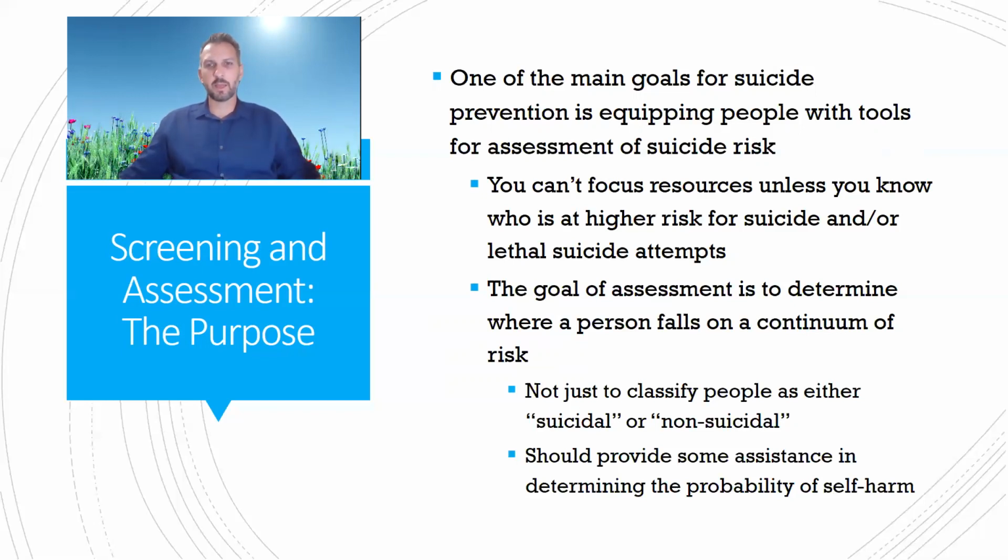It's thinking of it as a spectrum. The degree of risk can change over that spectrum of suicidality. And so there's lower risk, but potentially of concern. And then there's higher risk where a person might be more imminently suicidal. And the goal really is to provide some assistance where we can determine to some degree that probability of self-harm and suicide.